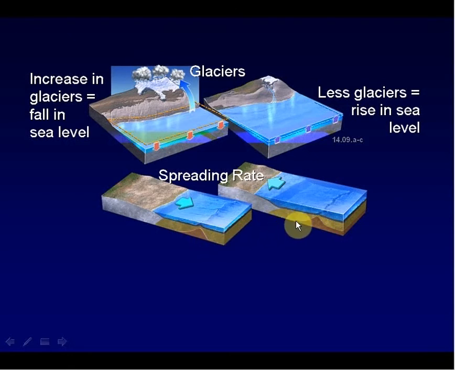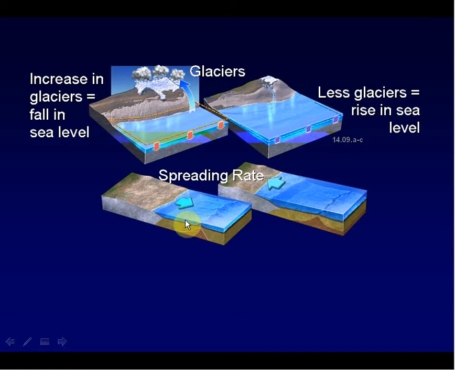With a faster spreading rate, we get the opposite of that. It's broader, it's higher, and it's hotter. And as a result, we're pushing up the crust in this case and increasing sea level. And relatively, this is down and lowering sea level.